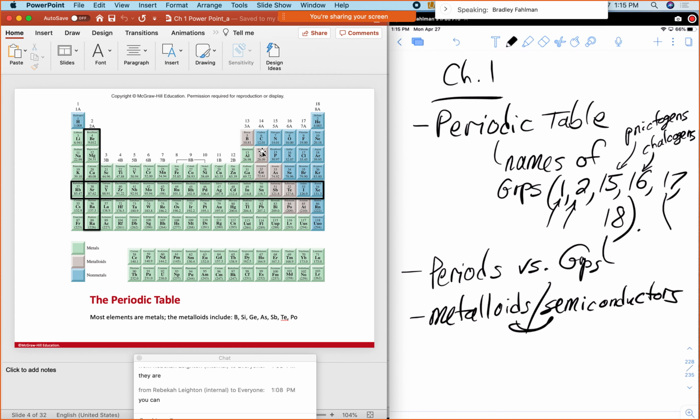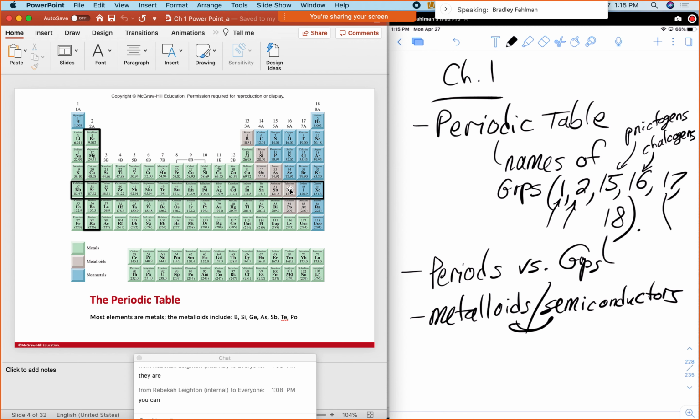And so boron, silicon, germanium, arsenic, antimony, tellurium, and then these ones are not used for any application. So if you know those 6 are metalloids, then you're in really good shape.